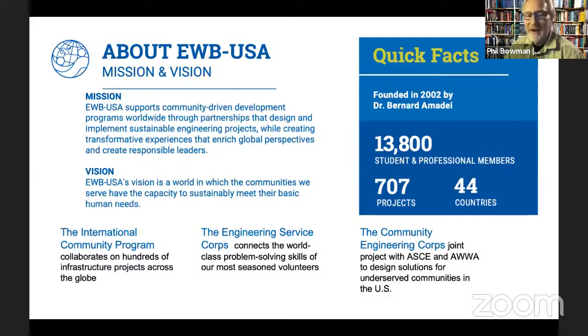And then the third area that we work in is called the Community Engineering Corps. This is where we work mostly in the United States. John's Boombox project, which you heard about earlier tonight, is part of this, working with disadvantaged communities. So that's the stuff we do. We've got over 13,000 members.